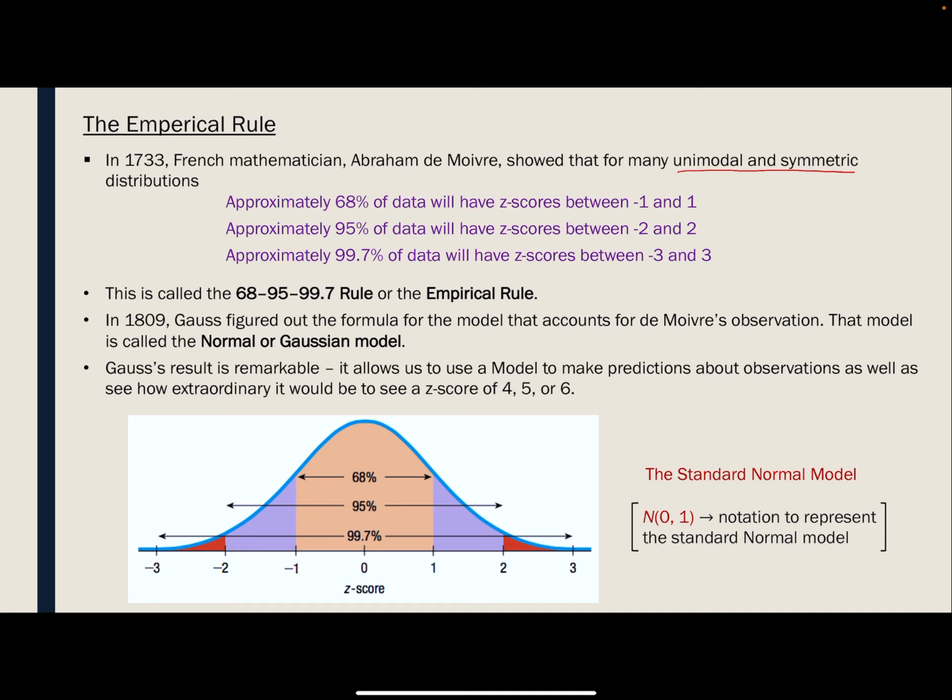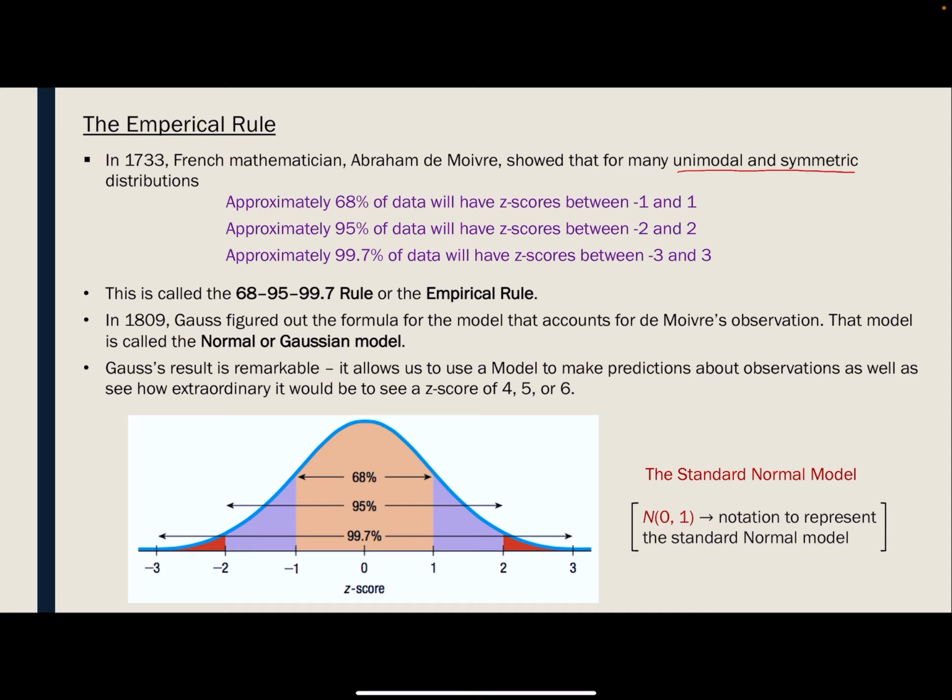So you can see, just based on these percentages, it's going to be really rare for you to have a z-score above +3 or below -3. This rule is called the 68, 95, 99.7 rule, also called the empirical rule.